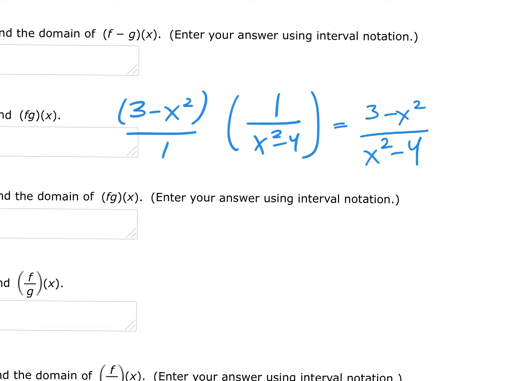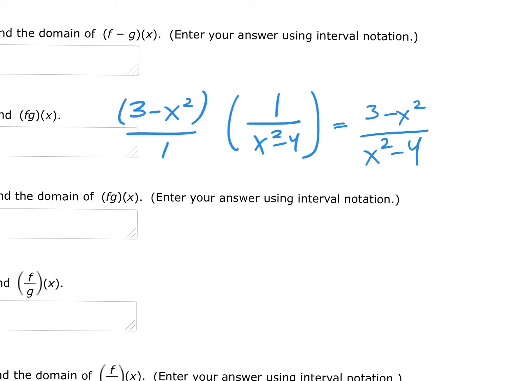Not their own individual. Do we have domain issues? Yes, it's going to be the same domain as what we talked about earlier. How come? Because we have the same x squared minus 4 in the denominator. Can I put anything I want in my numerator? No. What happens if I plug in a negative number? What happens when you square a negative number?